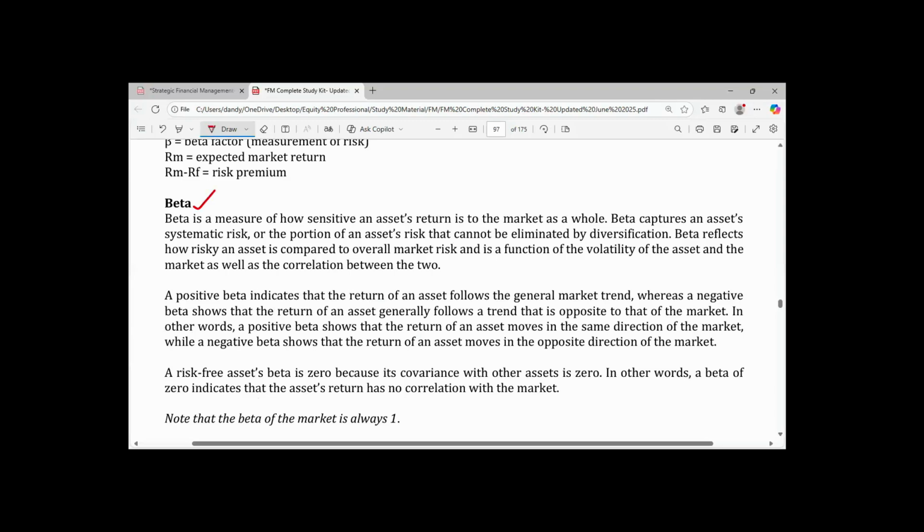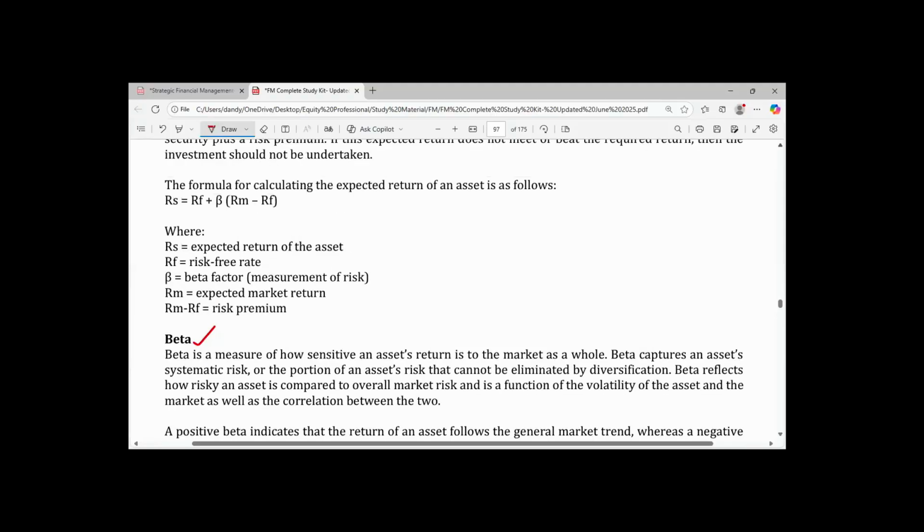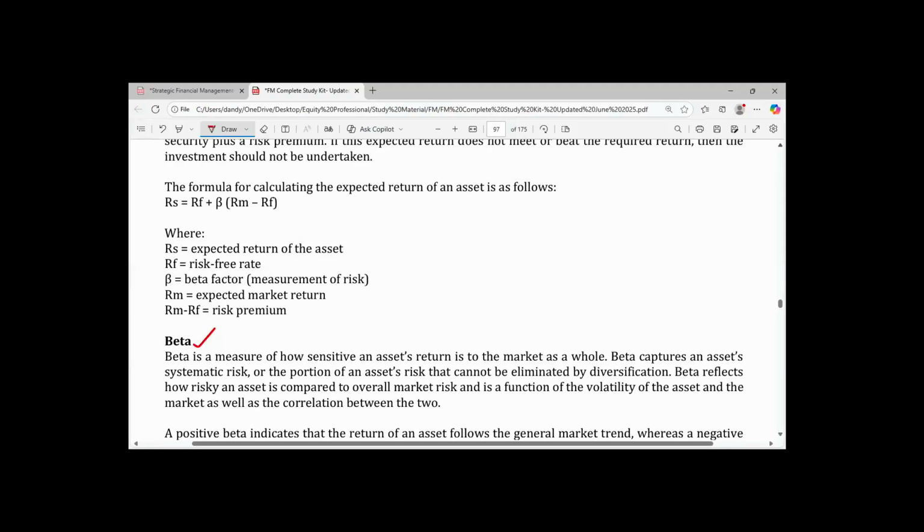That's why, when you are calculating with the capital asset pricing model, you have to know the exact formula to use for estimating your beta value. This is the formula you're already familiar with, which we discussed last time for calculating expected return, or cost of equity.